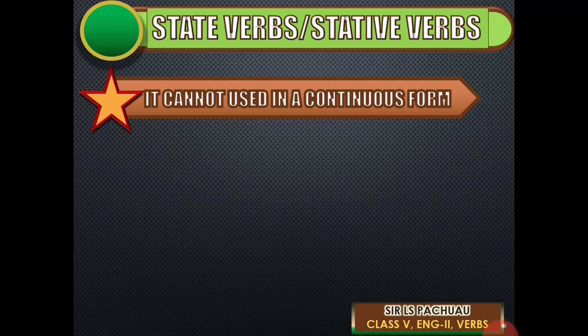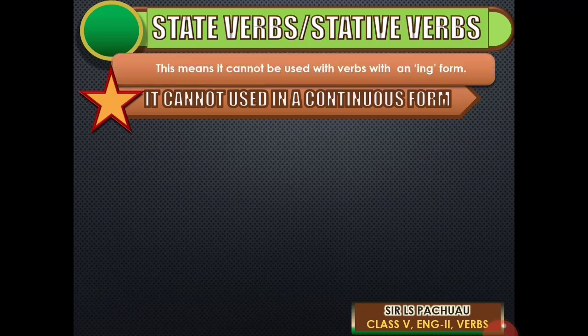What is a continuous form? Continuous form means a word that ends with an ing. But stative verbs don't have an ing form. You cannot have an ing form with stative verbs or state verbs. Understand?